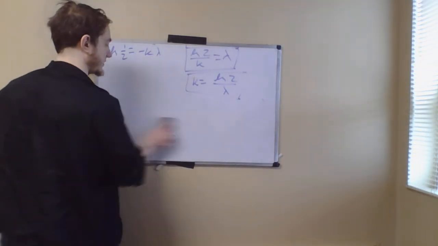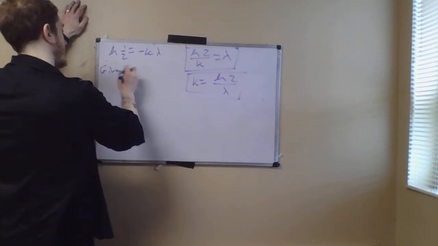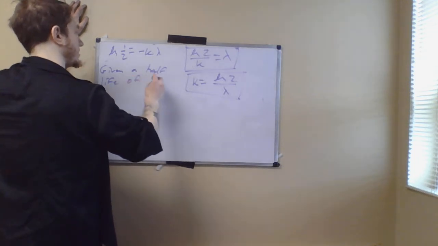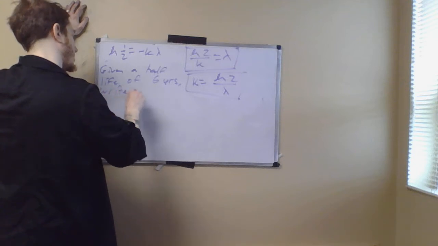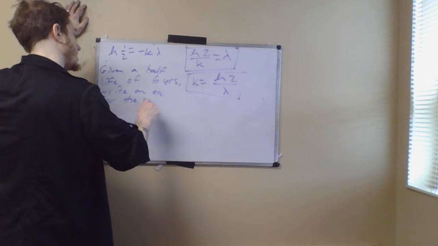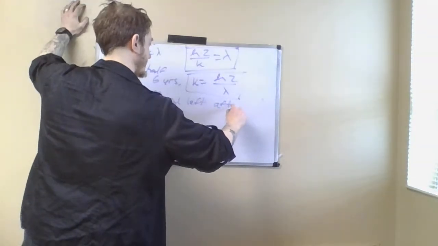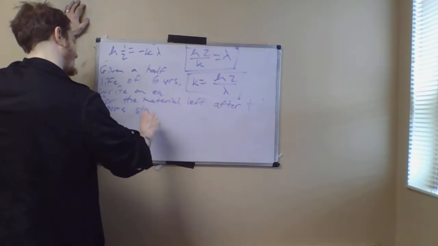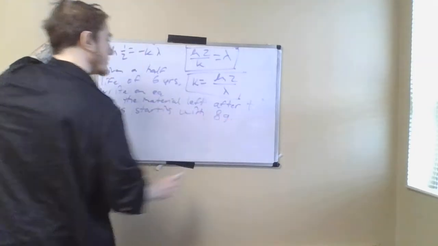As an example of this, we could say, well, given a half-life of, say, 6 years, write an equation for the material left after t years, starting with, let's say, 8 grams of the material.